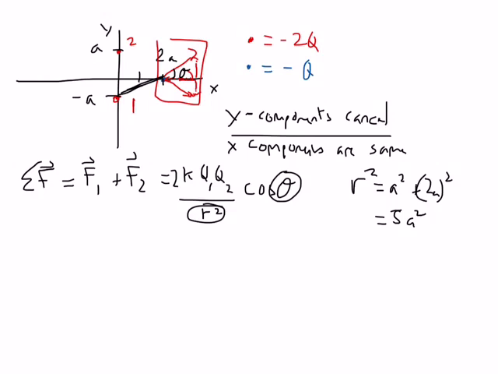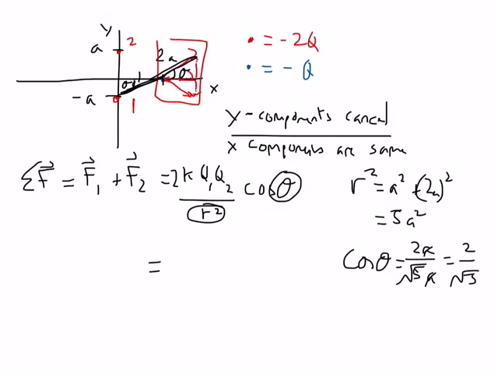Because this is all one straight line, this angle theta and that angle theta have to be the same. So cosine theta is the adjacent side, 2a, over the hypotenuse, which we just found is the square root of 5a squared, so root 5 times a. The a's cancel, so cosine theta is 2 over root 5.